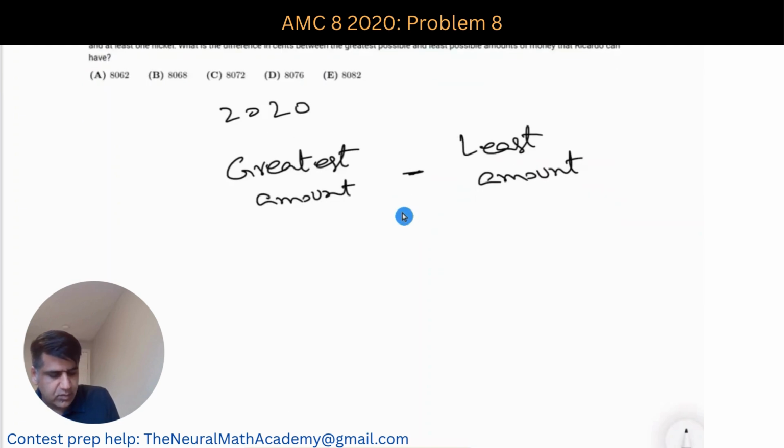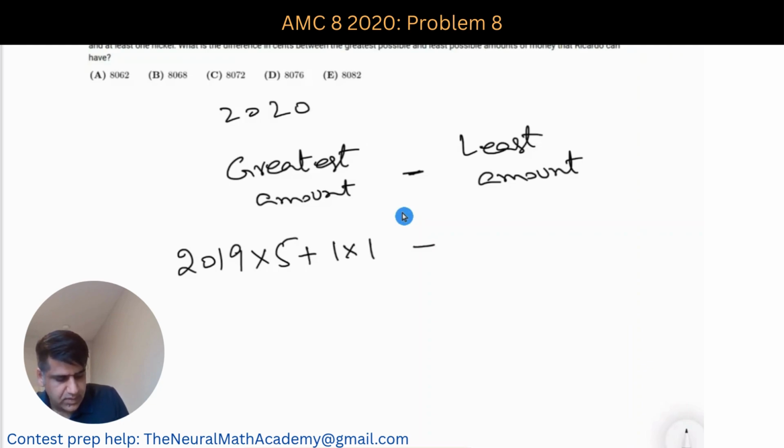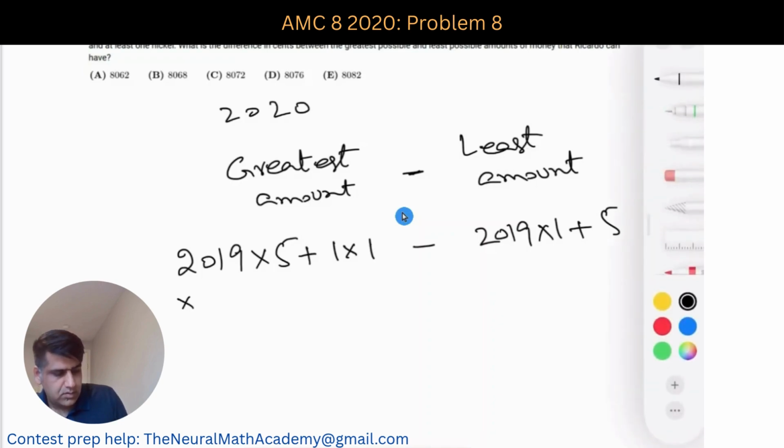If we see the greatest amount that is possible, that is simply 2019 multiplied by 5 plus 1 multiplied by 1, and minus 2019 multiplied by 1 plus 5 multiplied by 1.